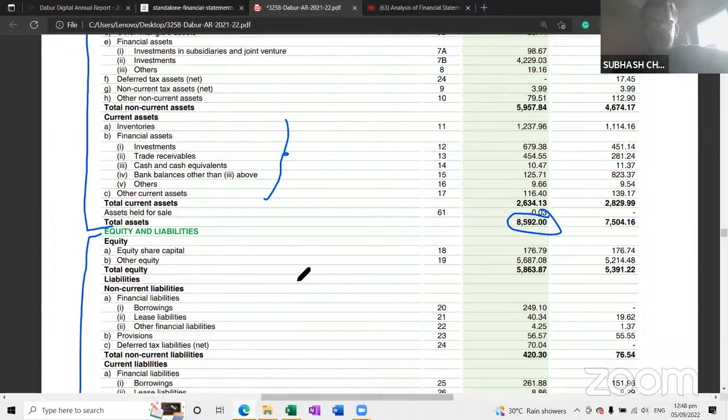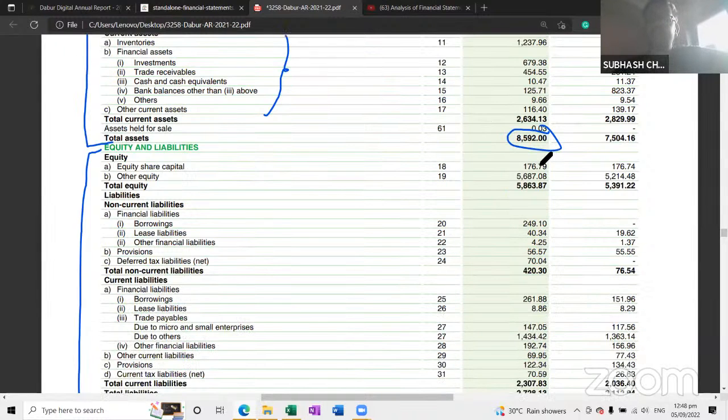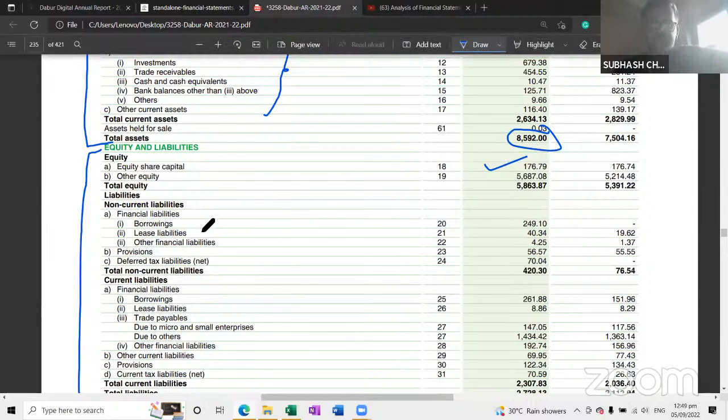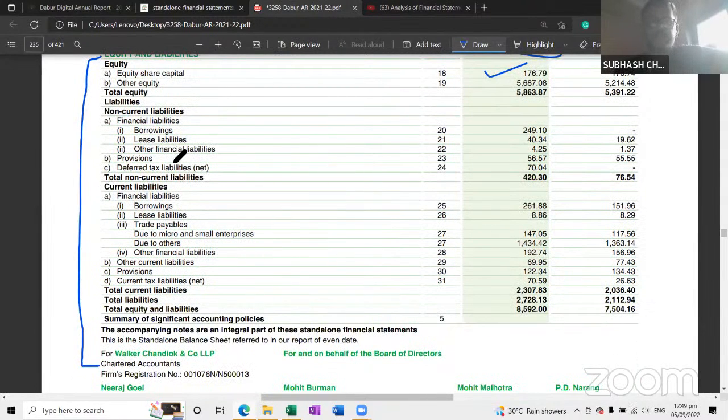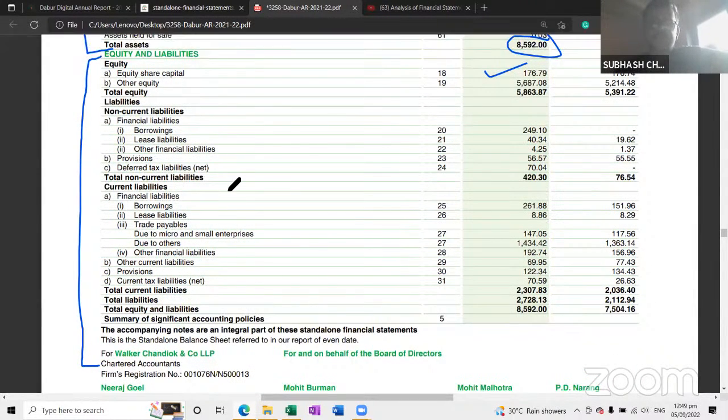Now similarly, on the liability side, equity and liabilities, the equity remains the same, no buyback, nothing. Other equity, non-current liabilities, borrowings, lease liabilities, other financial liabilities, provisions for different things, deferred tax liabilities, then the most important, your current liabilities, other provisions, current liabilities, then finally total equity and liabilities, and basically you will get here 8592.